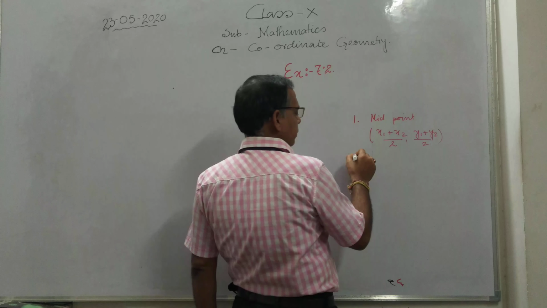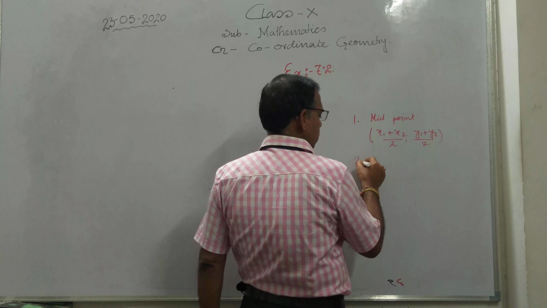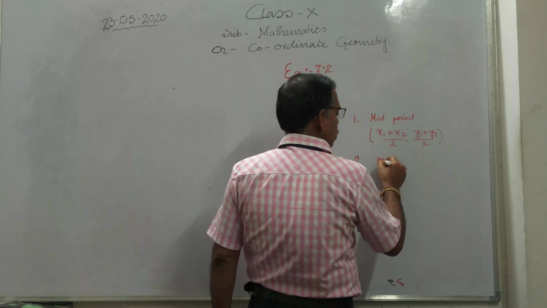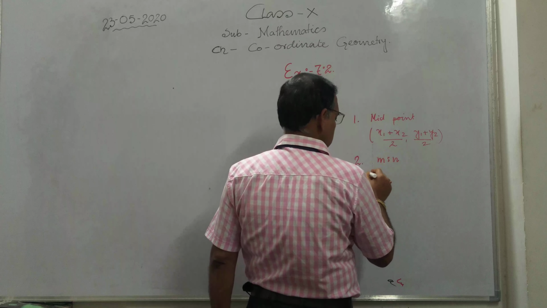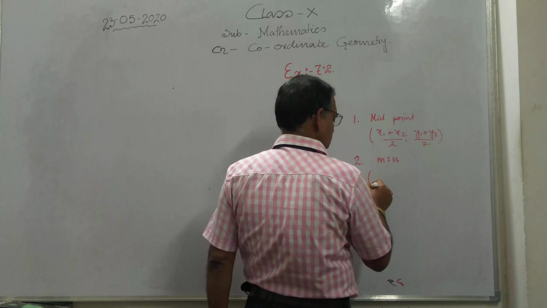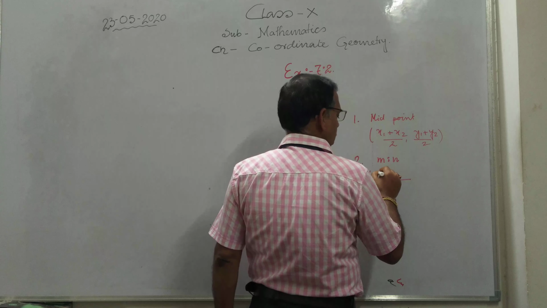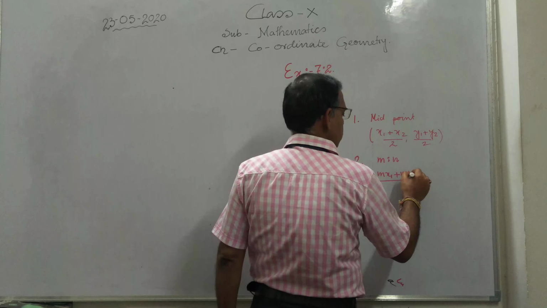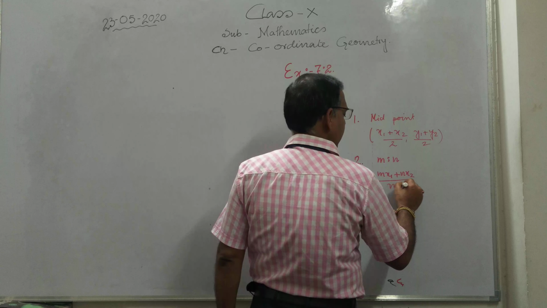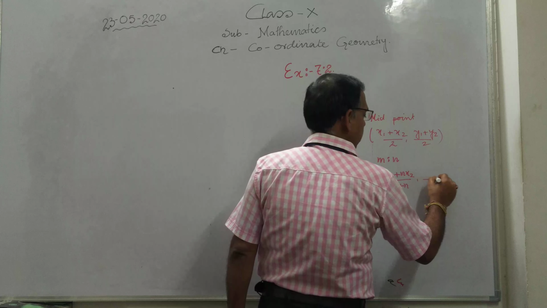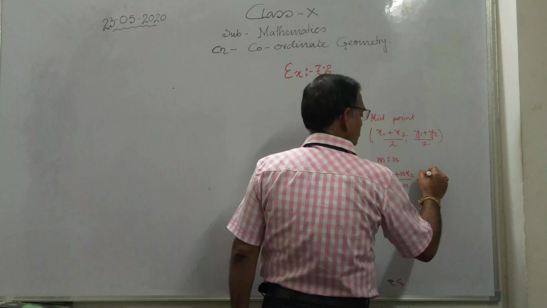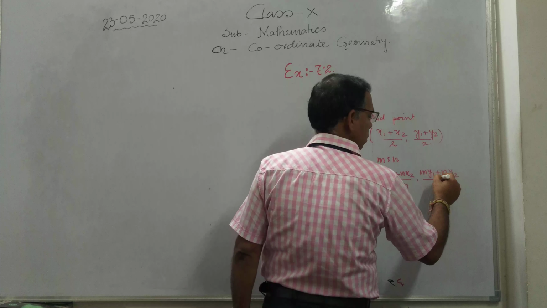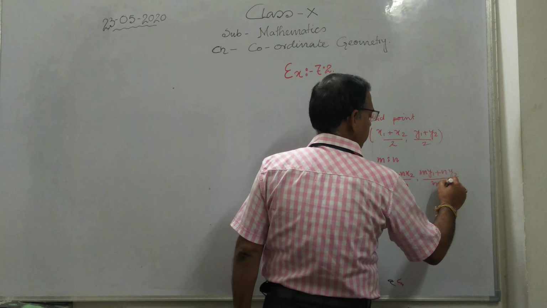Then, if the line is divided in the ratio m is to n, the coordinate is mx1 plus nx2 divided by m plus n, and my1 plus ny2 divided by m plus n.